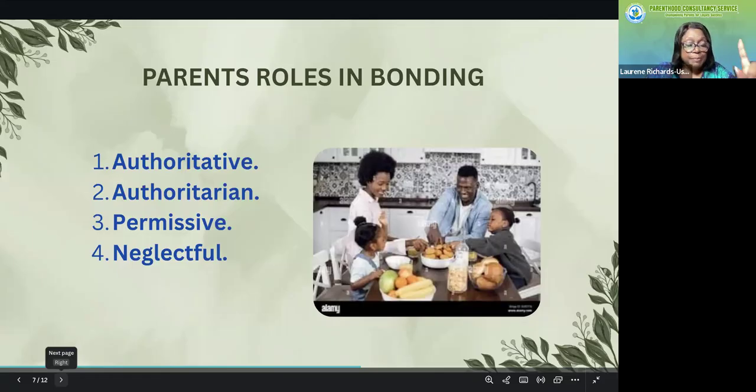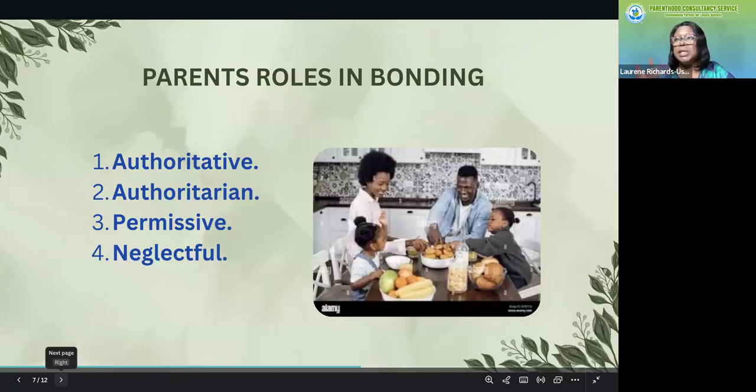Number three, permissive parenting. A permissive parenting style is very high in warmth, very loving, very caring, but very low in control. You know, today they will set rules.